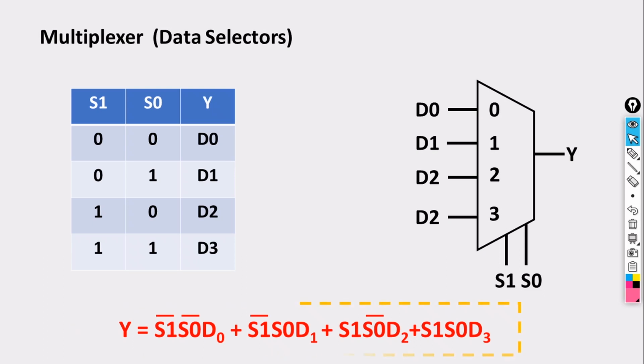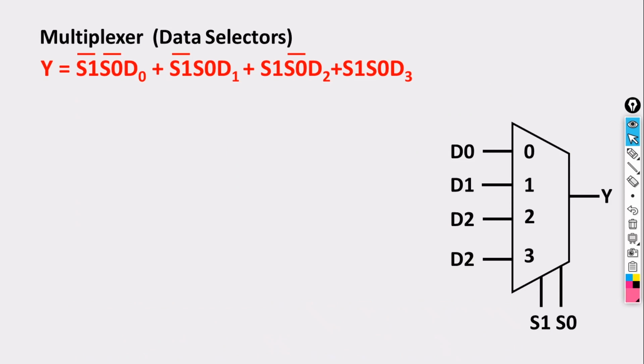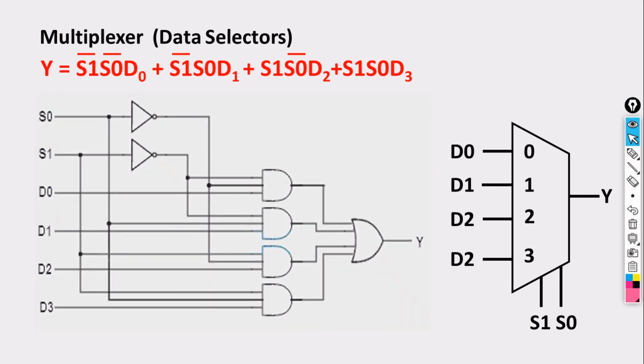Let us again try to draw this in terms of gates, in terms of CMOS logic. So this is going to be the circuit. Here for an inverter I need 2 plus 2.